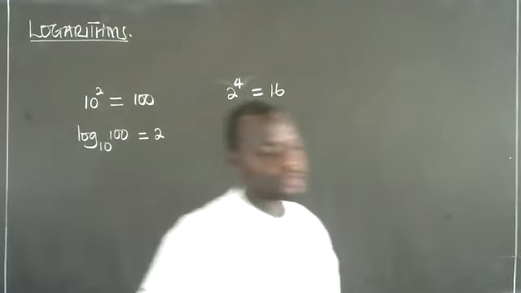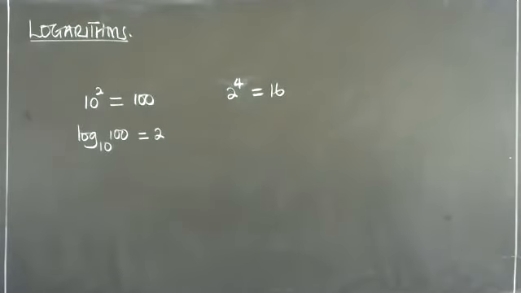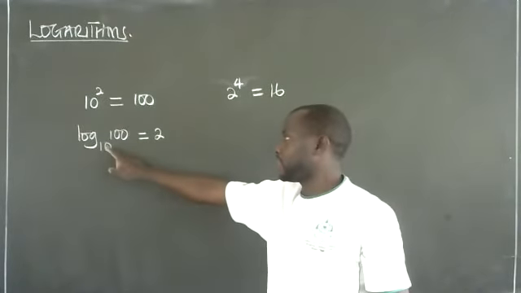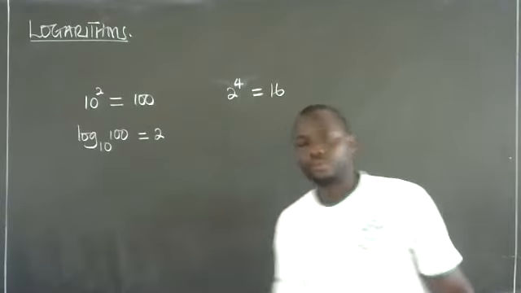Can we relate those two statements? If 10 power 2 is 100, then the logarithm of 100 to the base 10 is 2. That's how we read that statement.